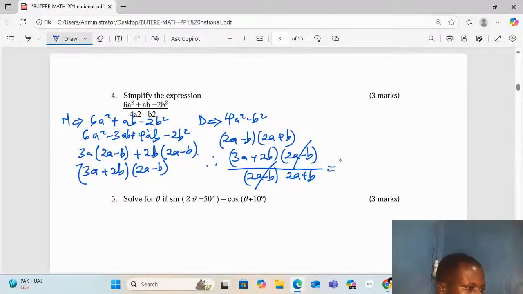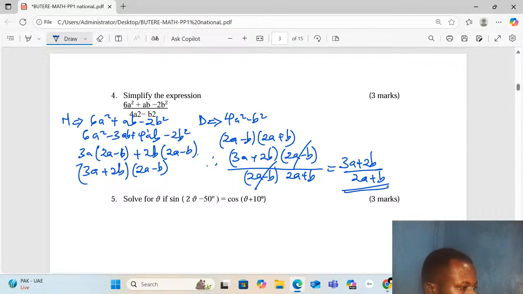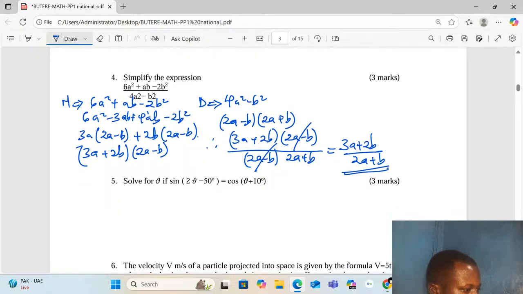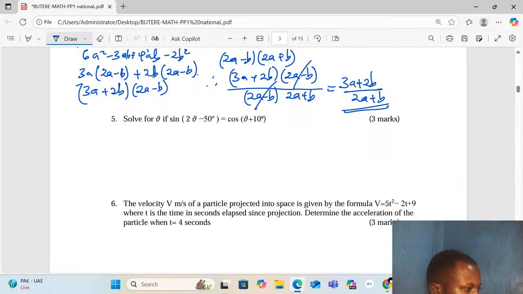Therefore, we remain with 3a plus 2b over 2a plus b. So this one now becomes our final answer. Then you get your 3 marks for that expression.